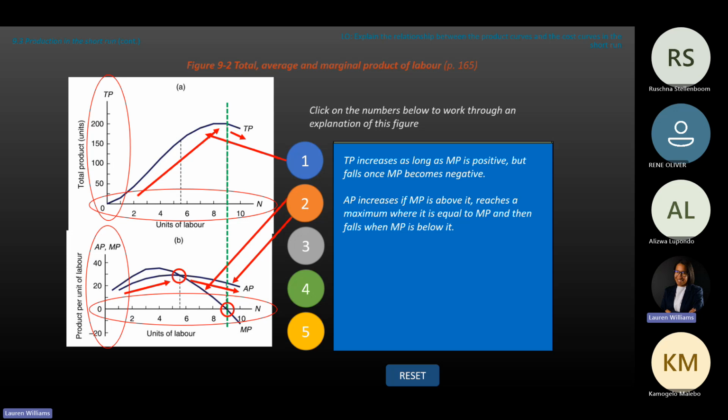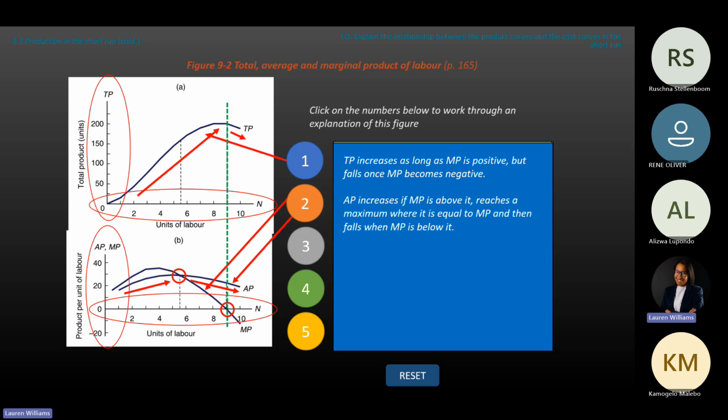So 6 laborers, you would then say you are increasing at an increasing rate. And then once you get to about the 6th laborer, it's still increasing because it's still going up, but it's increasing at a decreasing rate until it gets to about laborer number 9. Then it starts to decrease. Okay, so that's how you must start explaining the relationships here.